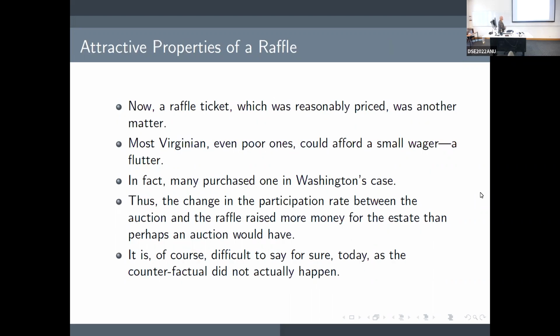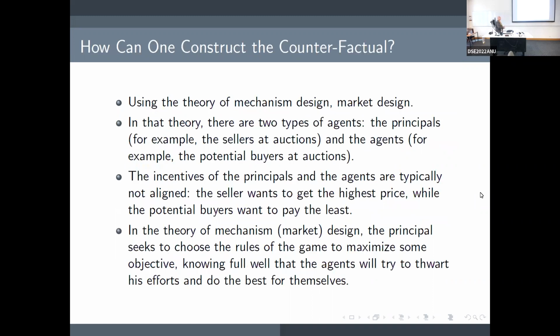Why is writing down formal models of auctions interesting? Well, you can use the primitives from them to do market design, mechanism design. In that theory, there are two kinds of agents: principals, the sellers at auctions, and agents, the potential buyers. The incentives of these two parties are not aligned.